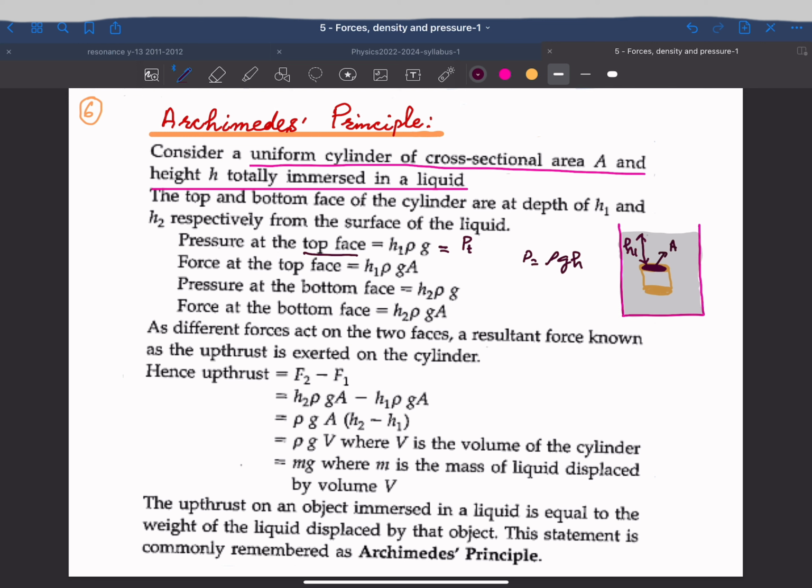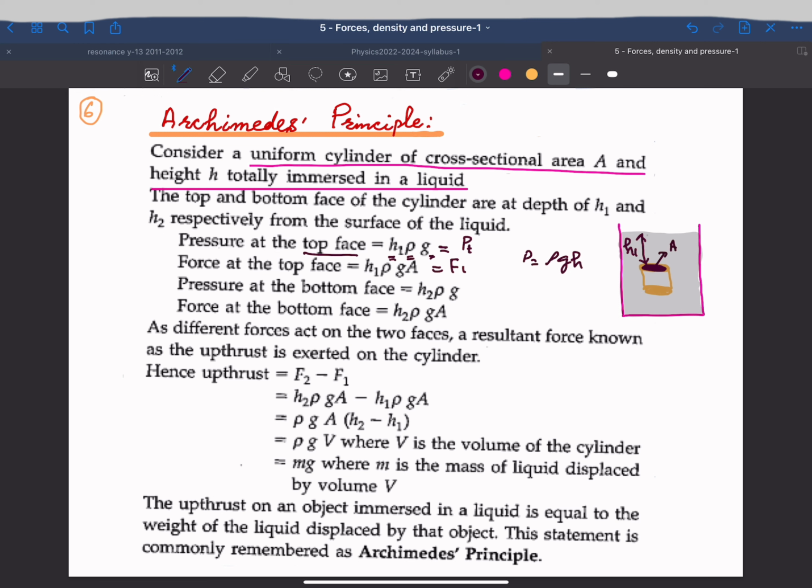So we are considering here H1, rho is the density of the fluid, and of course G is the acceleration due to gravity. With the help of this, we are getting a force F1, and this is basically the downward force.